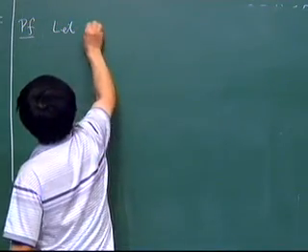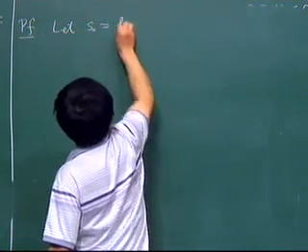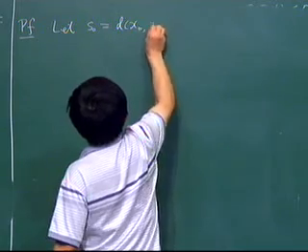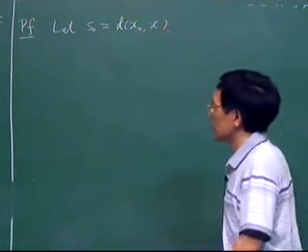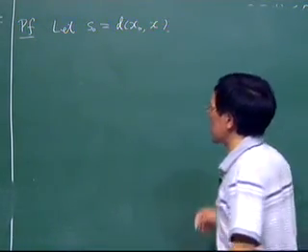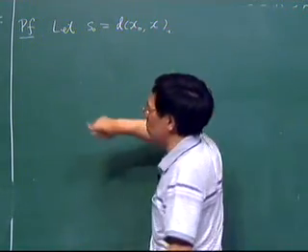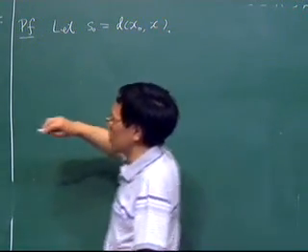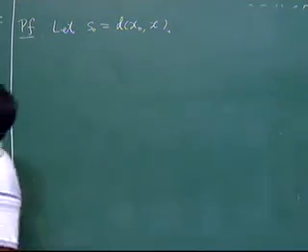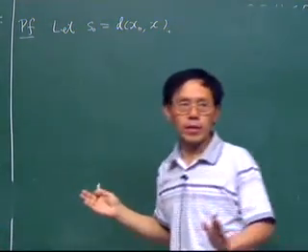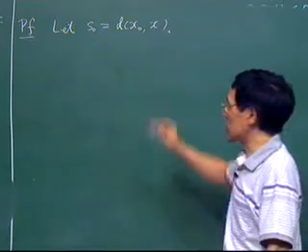Let s0 be the distance function from x. You fix a point x. We will prove that the distance function. So now Rx is just something like s0. We just denote this.